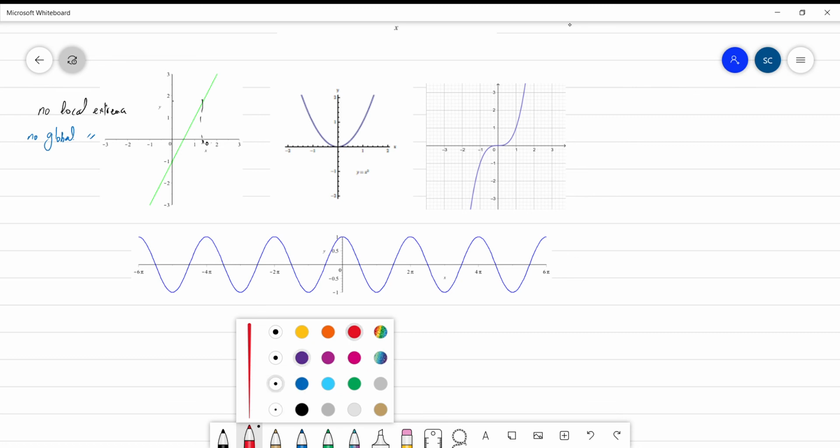Now let's see the parabola y equals x squared. I can compare at 0. 0 remains the smallest value. I can compare it locally, for x on the interval, for example, -1 to 1, f(x) remains greater than f(0).